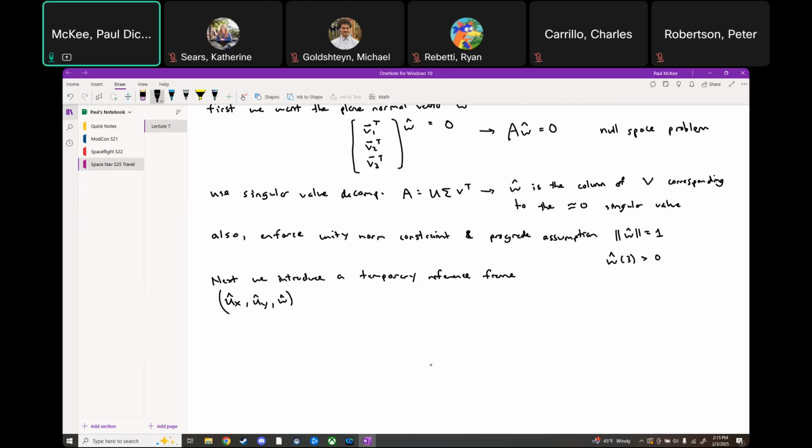But for now, we're going to say that Ux is equal to the first velocity crossed with the W vector. And then we're going to take that and normalize it. And then we're going to say that Uy is W crossed with Ux, right? And then from here, you could say that T inertial to whatever this temporary frame is Ux transpose, Uy transpose, W transpose.